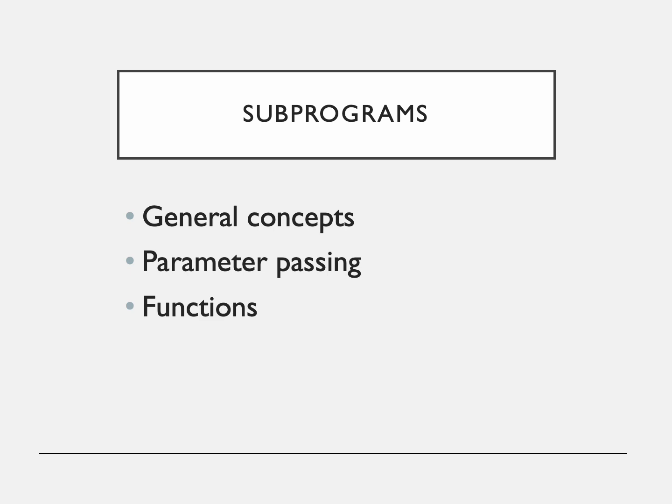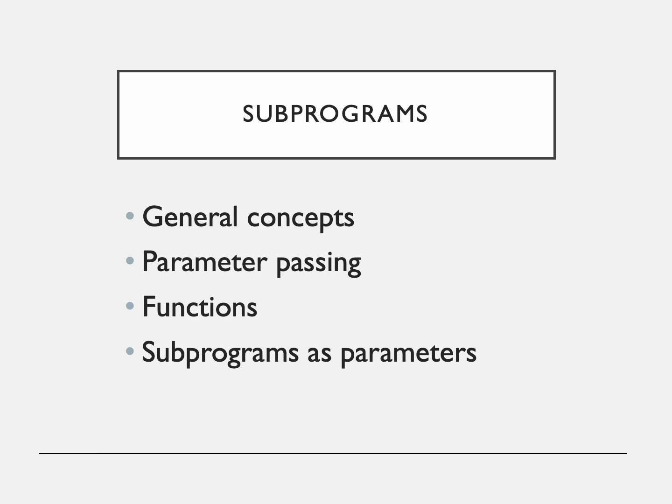So here we'll learn about those things that I just mentioned, like general concepts, parameter passing, functions, subprograms as parameters. Basically, subprograms, also known as functions or procedures, are the building blocks of modular programming.